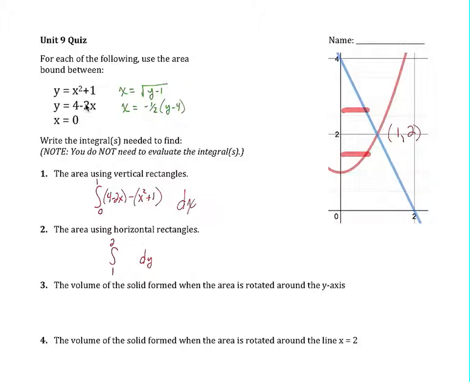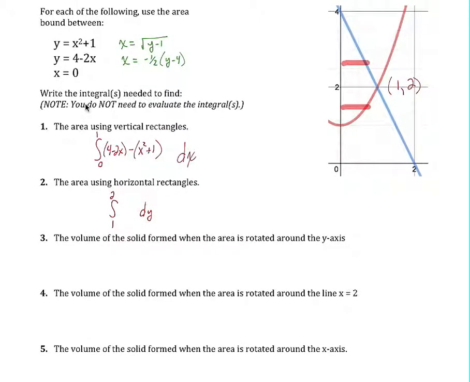Right, so now back down to the integral that we're building. From that point back to that point is going to be right here, the square root of y minus 1. So this is the square root of y minus 1 dy.